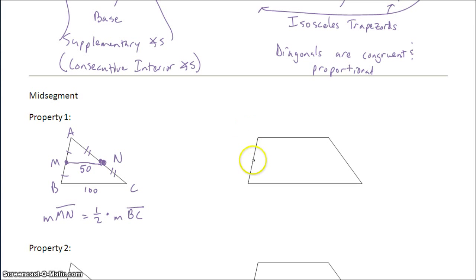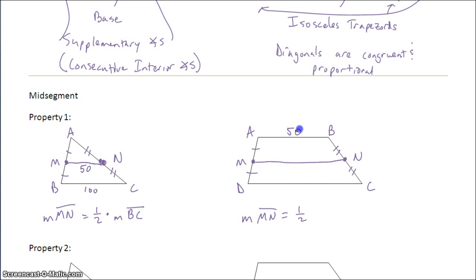Well, we also have a midsegment in a trapezoid. The midsegment connects the two midpoints of the two legs of the trapezoid. So if I have trapezoid ABCD with midsegment MN, to figure out the measure of MN, I'm still going to use the 1/2, but I need to include both bases.